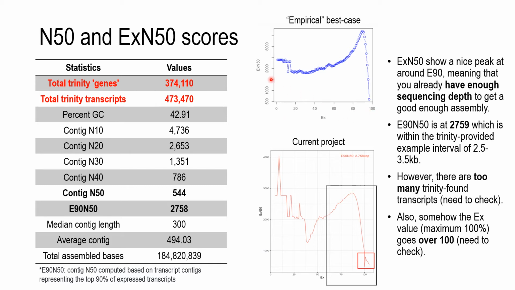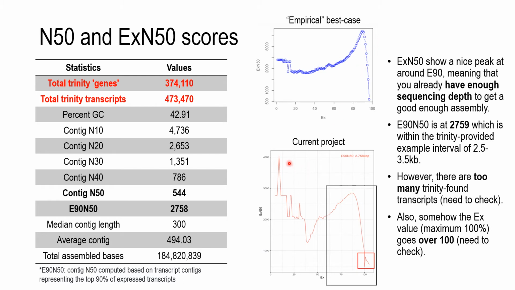And on the y-axis is the N50 measure from each percentage of expressed transcripts. And in an empirical best case scenario, so this is empirically seen, at around E90 you should see a peak, which means your assembly is relatively well done and you have enough sequencing depth to cover.